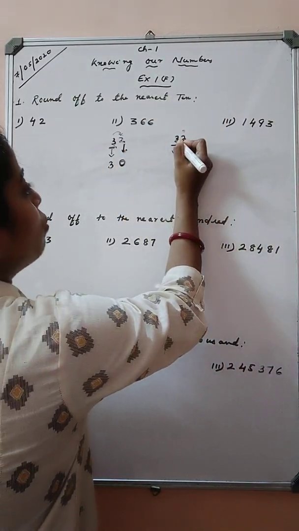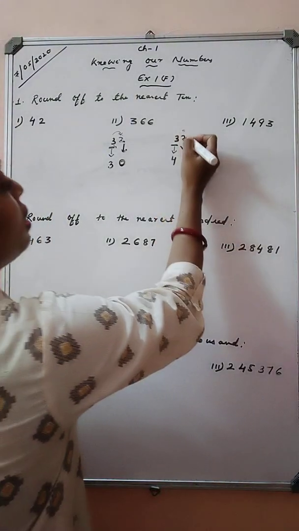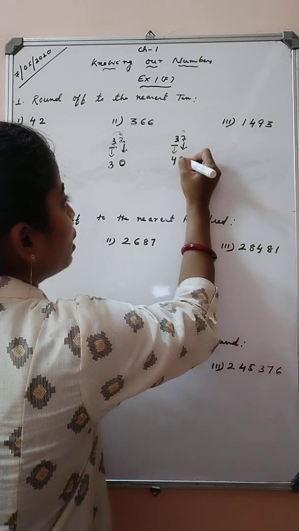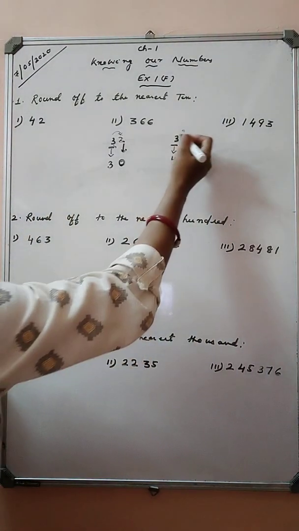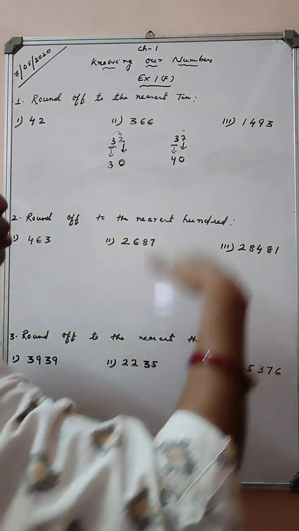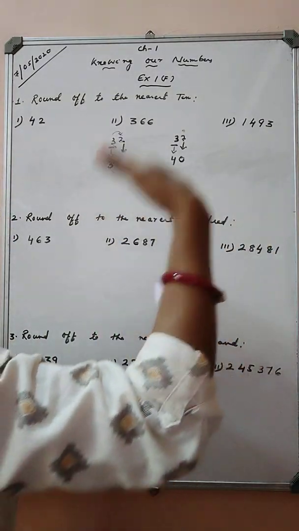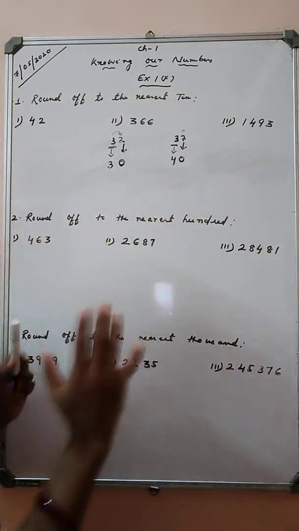That means 1 will be added to this number and it will be 4. And the digit at ones place will be replaced by 0. So understood, students? 37 got rounded to 40. It's simple. 5 or more than 5, then we round up. Less than 5, we round down.